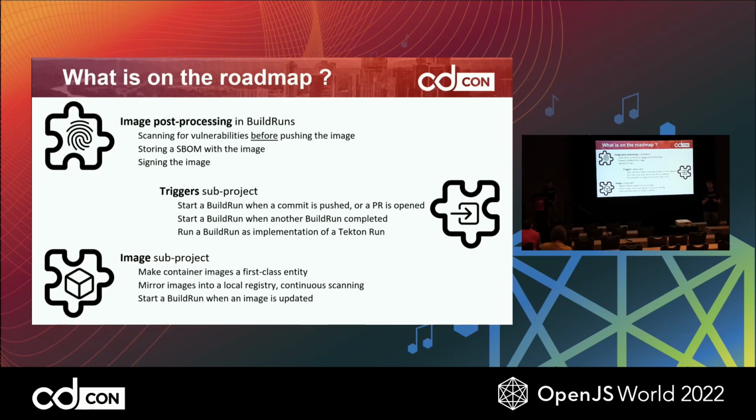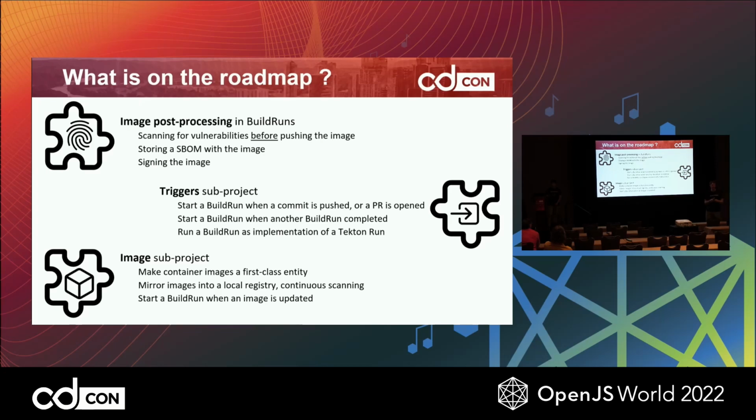So we will be able to do a vulnerability scan of the image that you just built even before it gets pushed, so really the earliest time. We are looking at creating software bill of materials for the image with all the content that is in there. And we are also going to look at signing the image. And I mean, security and compliance-wise, that's all really interesting topics.